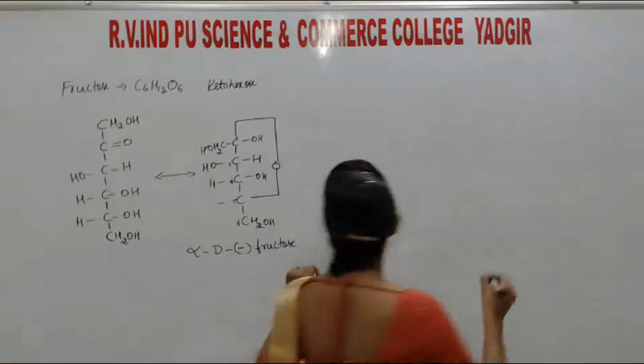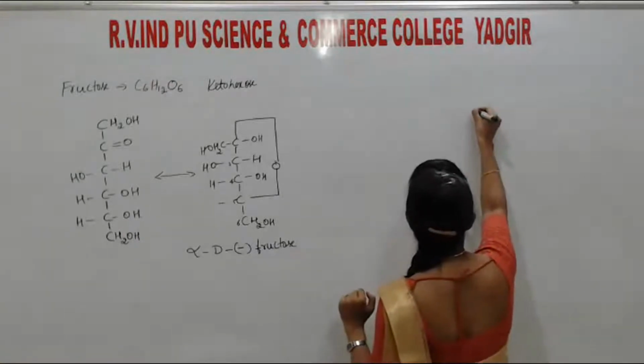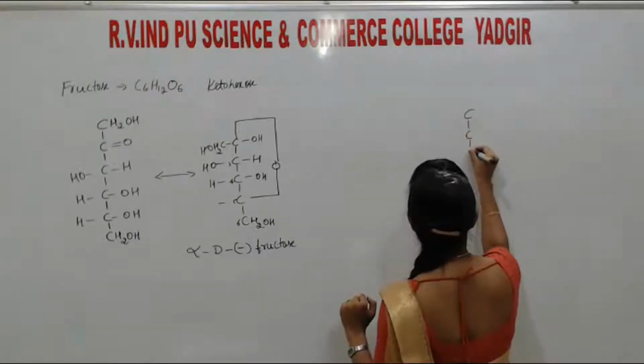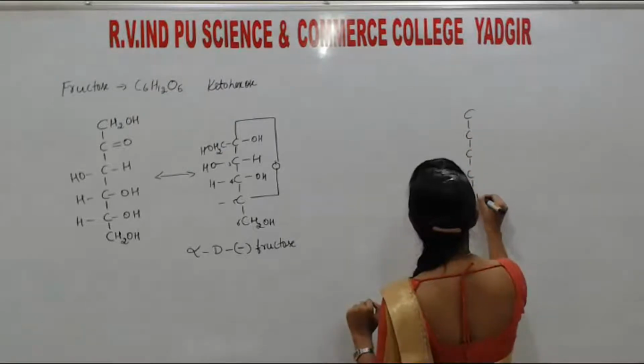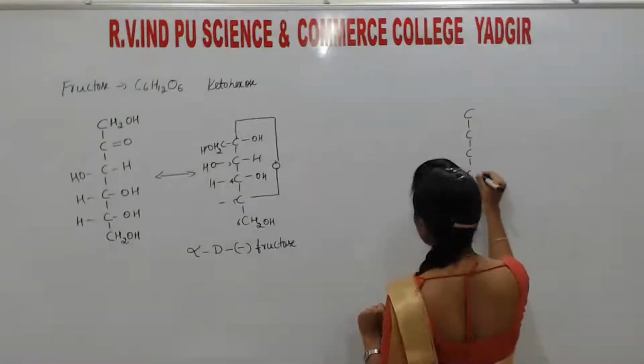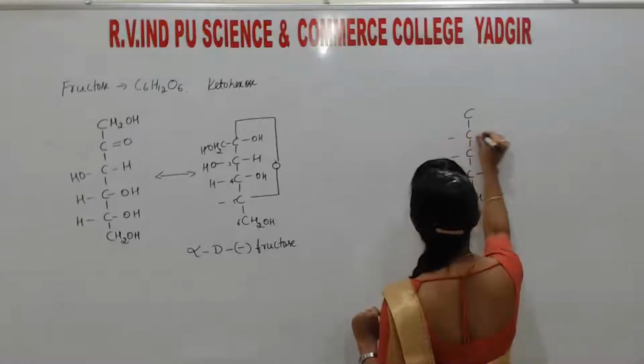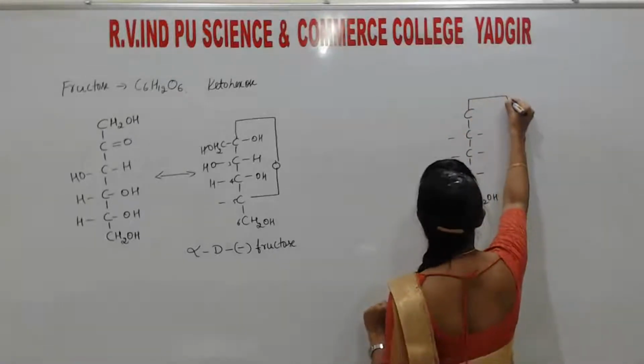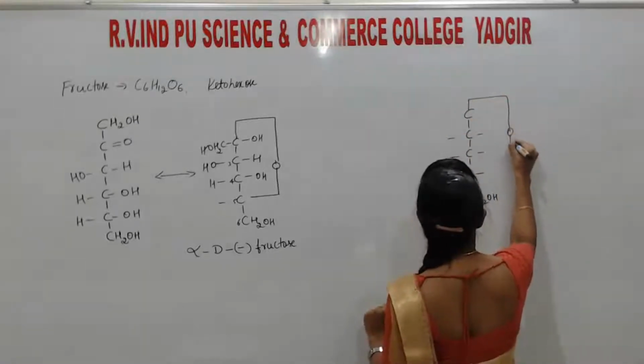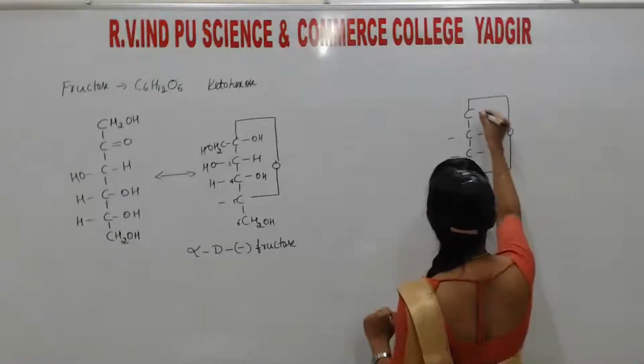Next, the same if I write 1, 2, 3, 4, 5 carbon atoms. Of course, 6 are there. Then write this, this is bonded to what? The 5th carbon atom.